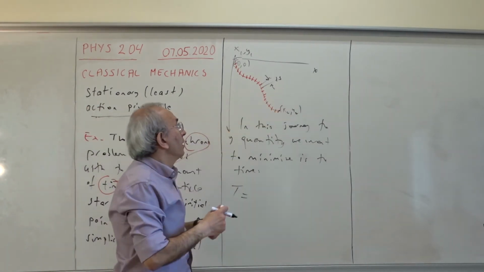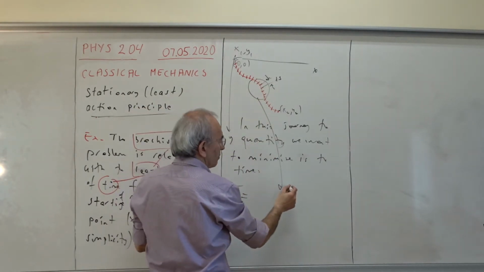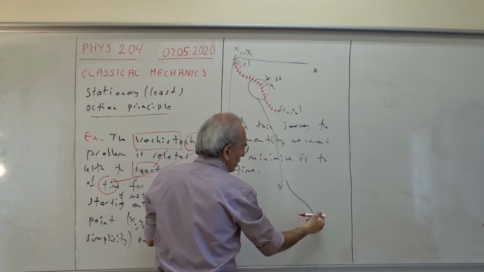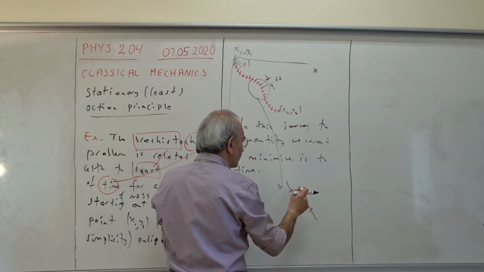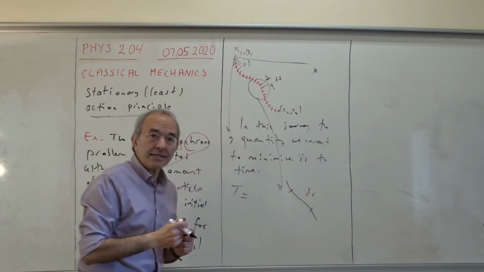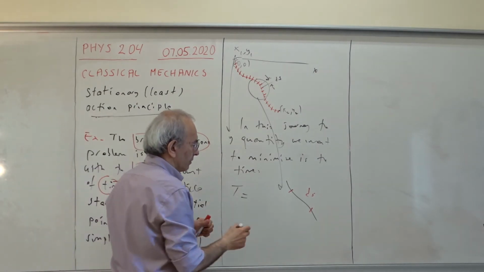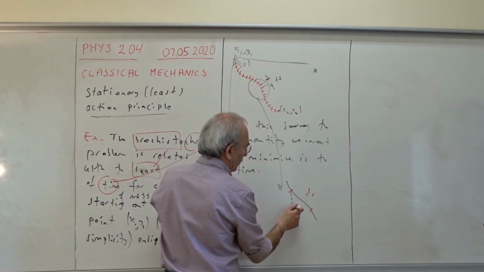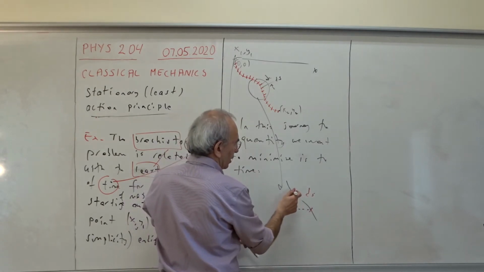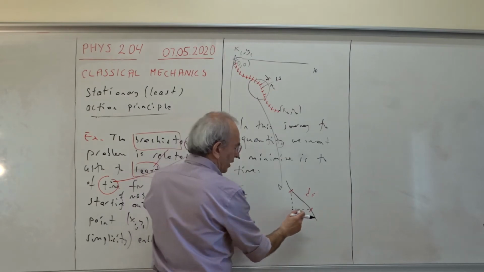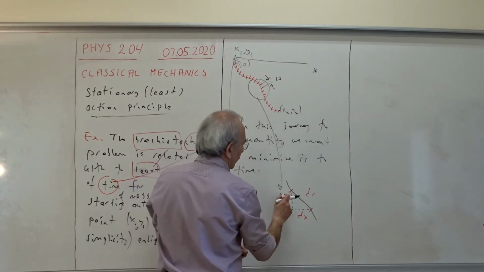If you look at it in a magnified manner, that ds is like the hypotenuse of a little triangle. This part is ds, almost like a line, but the other sides are dx and dy.